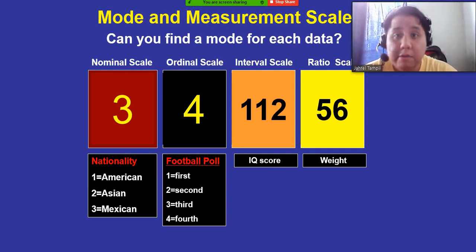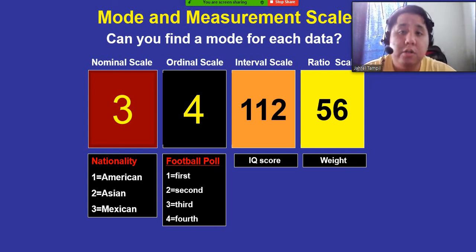Since we are only counting the frequency of that specific score, whether or not it's just a value or a category, or it actually can be something of interval or ratio, we can find which one occurs the most. That's why mode can be computed for all levels of measurement. As implied with this one, mode can be used in any level of measurement.